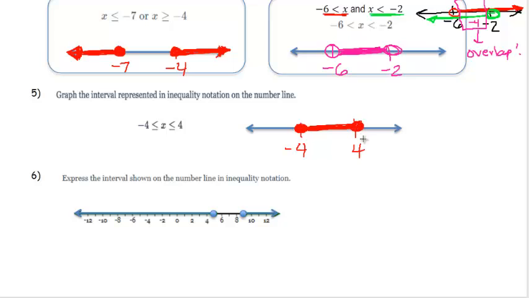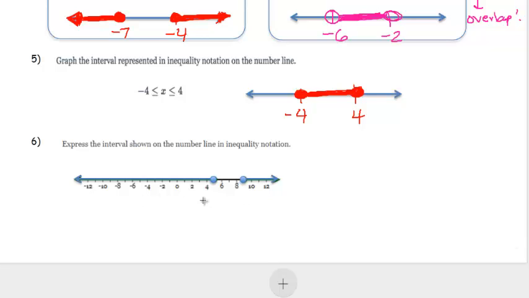Just like that. It is easier when the word and isn't there, right? We can already see that sandwiching. All right, pause the video here and come up with an interval that represents this picture.